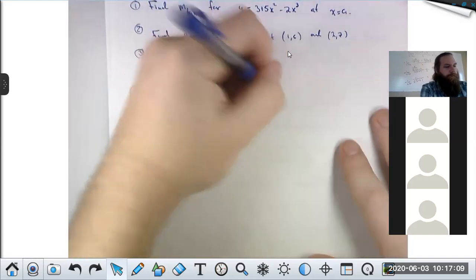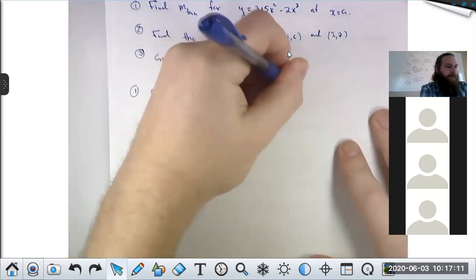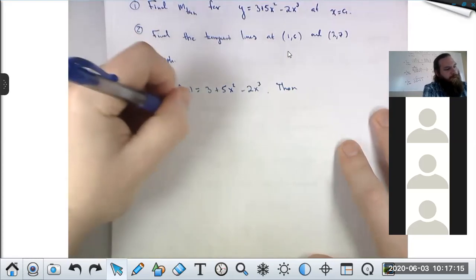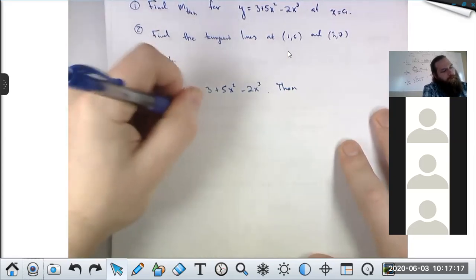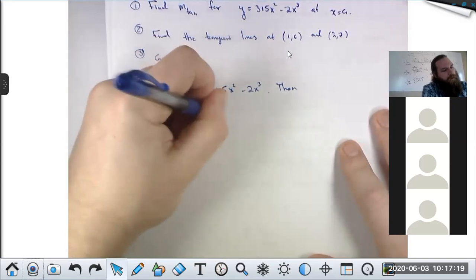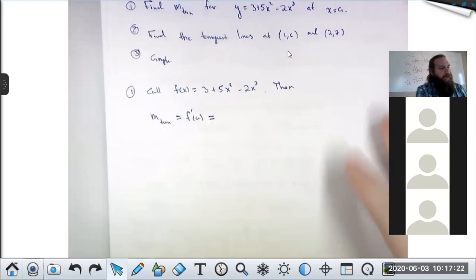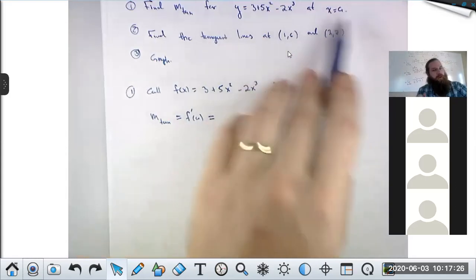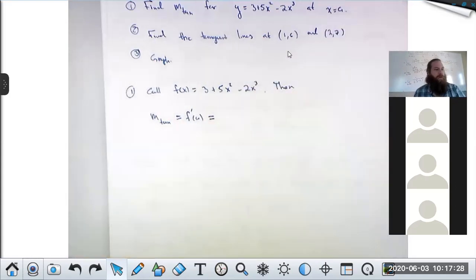Then the slope of the tangent line is f prime of a, and as Antoine pointed out, this means that they want us to do this in general, right? Not at a particular x value, not at a equals 1 or a equals 2, but to come up with a formula in terms of a.